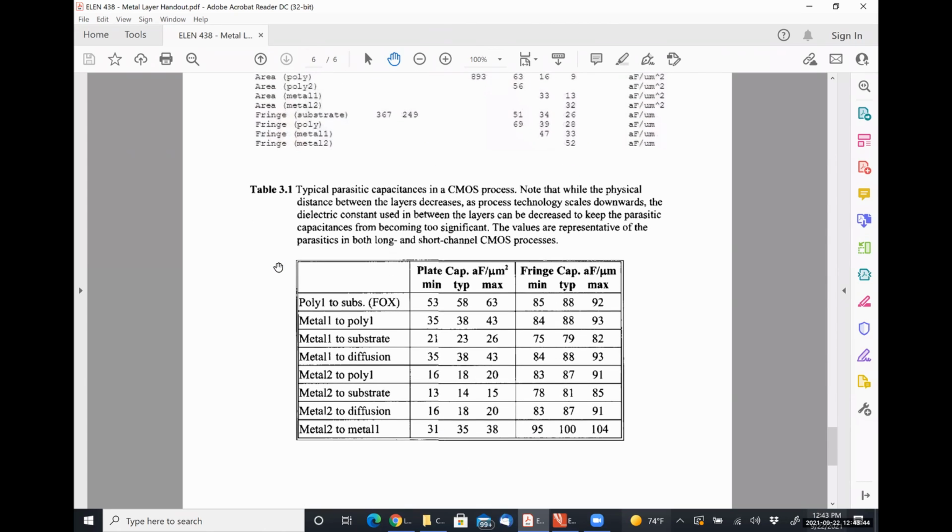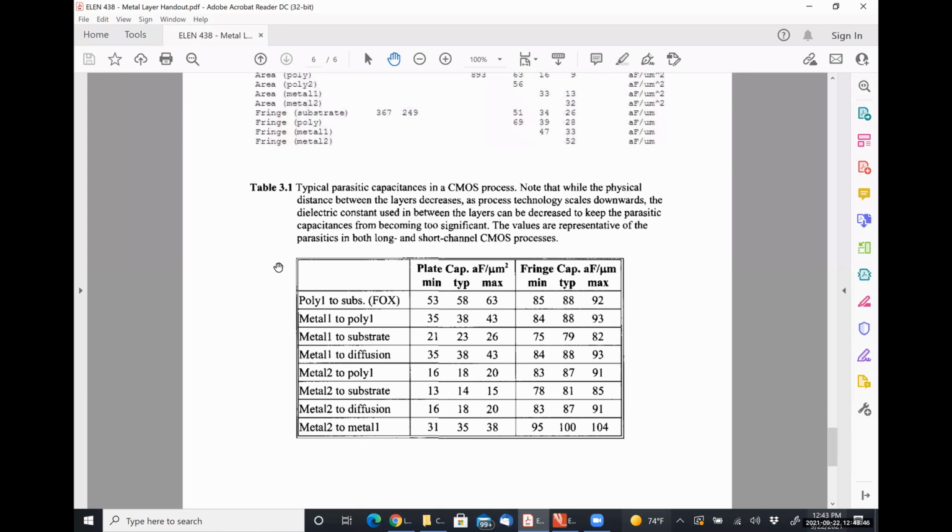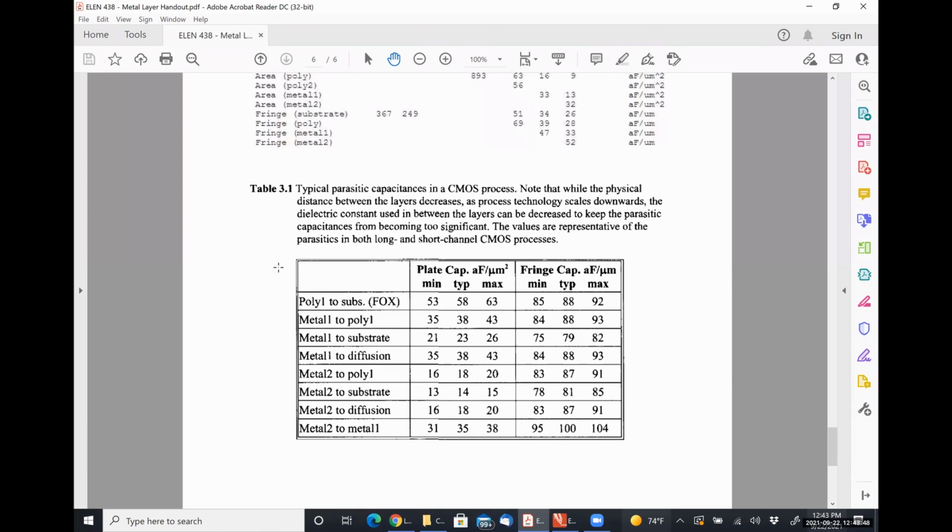These are a set of parasitic capacitances for a CMOS process. The left-hand grouping is for area capacitances. The right-hand grouping is for fringe capacitance. These are literally pulled straight out of your textbook. My preference is probably going to be to use the process-dependent ones because they're more accurate. They're supplied by the people that make the chips and all that kind of good stuff.